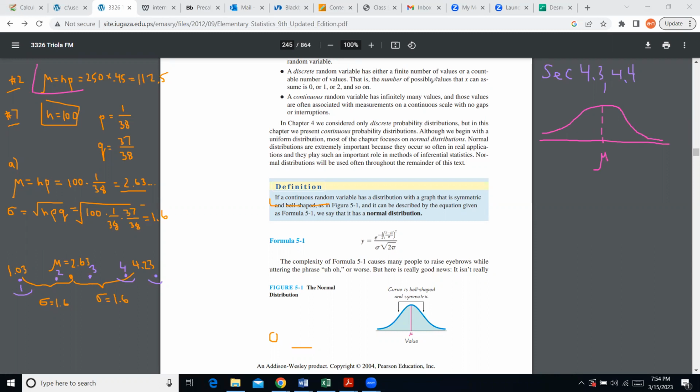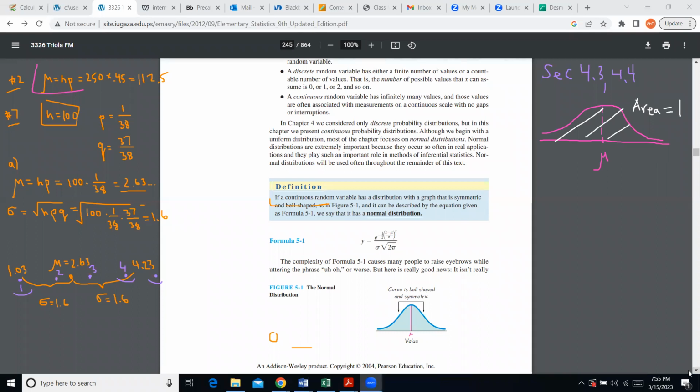And since it is a distribution, the area under this curve is equal to 1. That's the reason why we can call this a distribution, so the area under the curve will be 1.